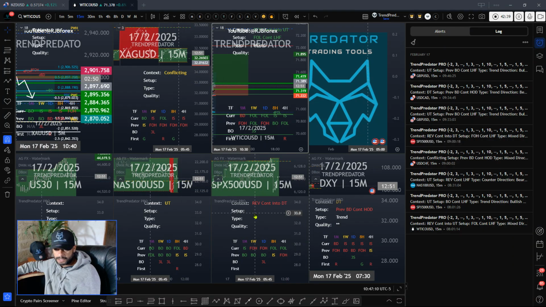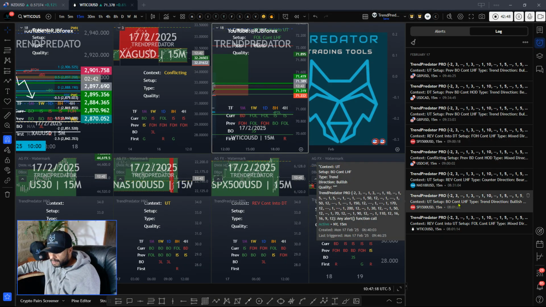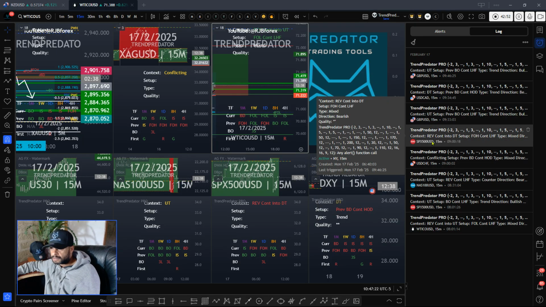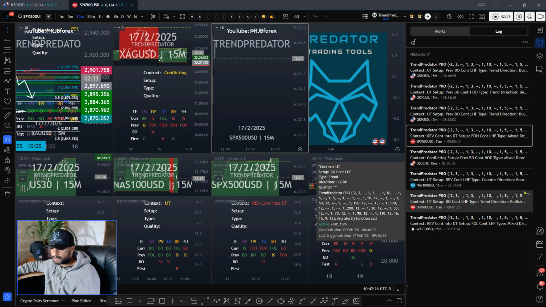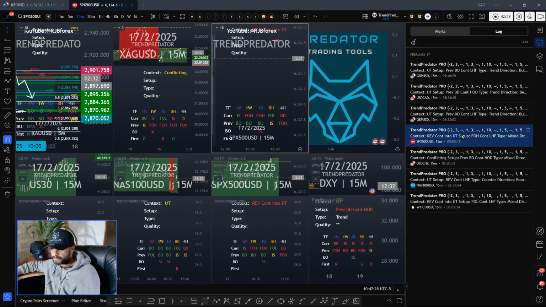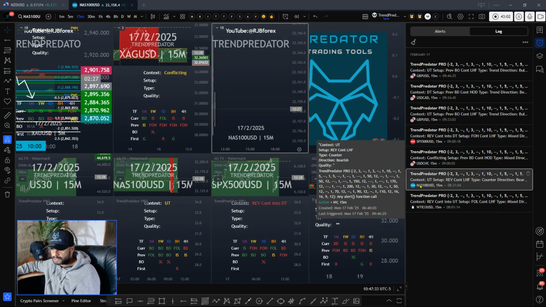S&P over here. Reversal continuation into a downtrend. Okay, so that's since. Okay, let's see, so we get rid of that. It's an old signal. Let's look at NAS first.